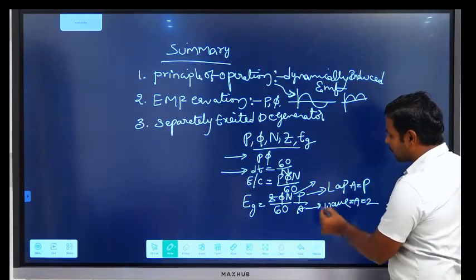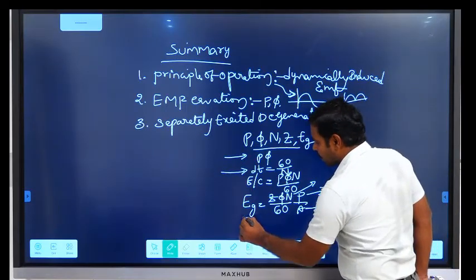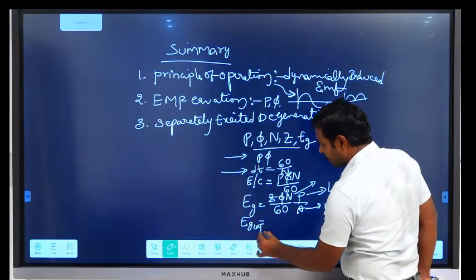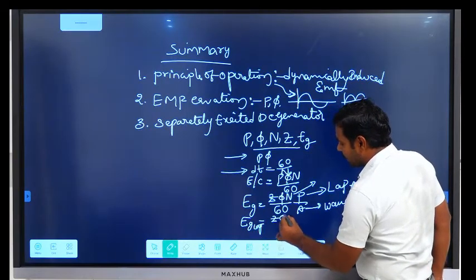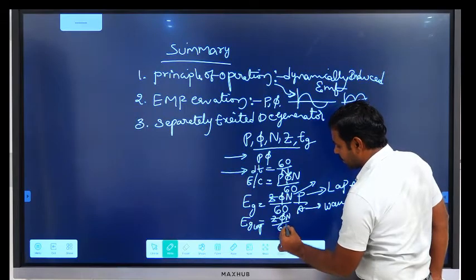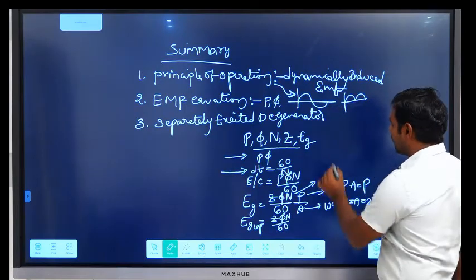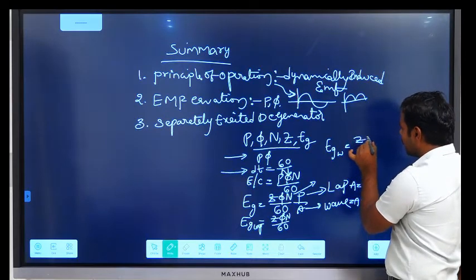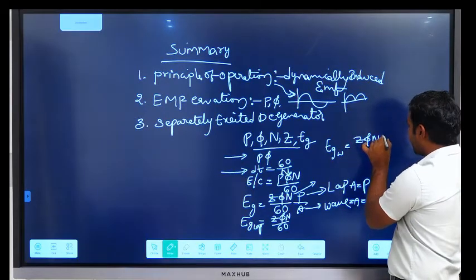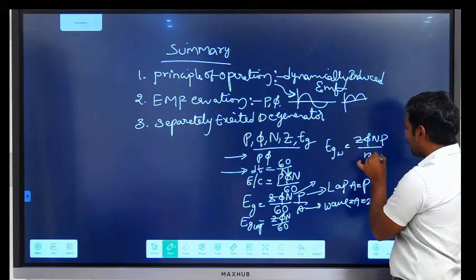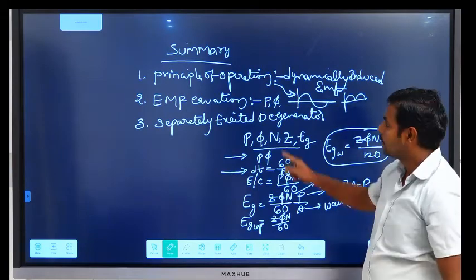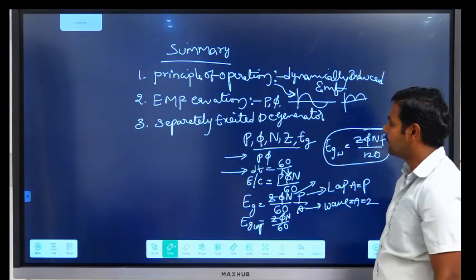Substituting these, Eg for lap winding is equal to Z phi N by 60, and Eg for wave winding is equal to Z phi N into P divided by 120. So these are the final equations of the EMF equation of a DC generator.